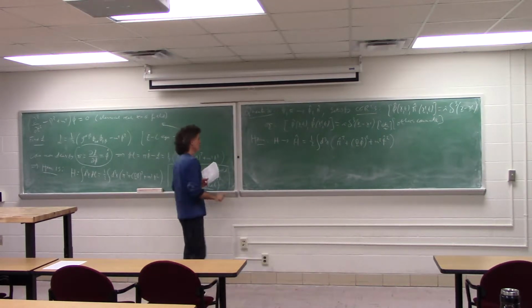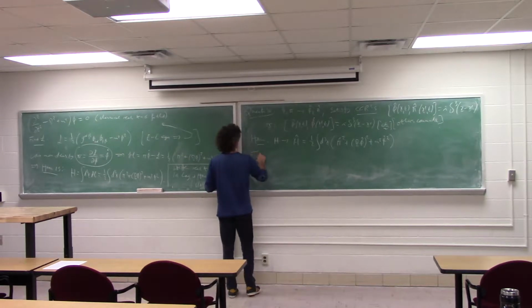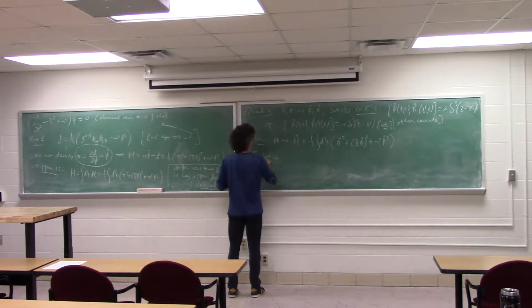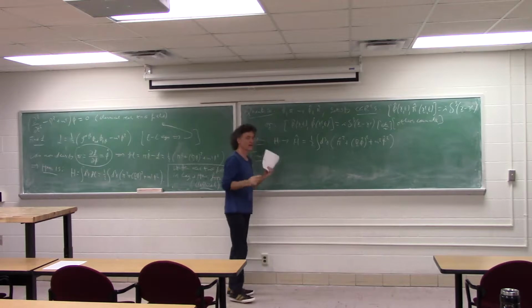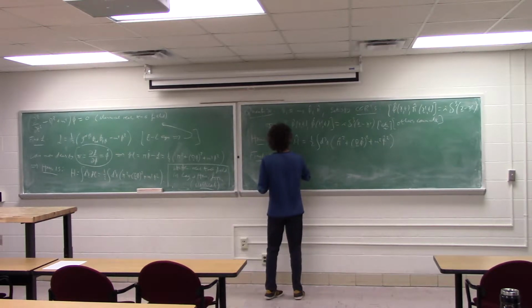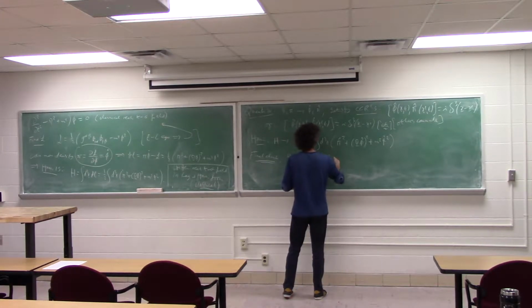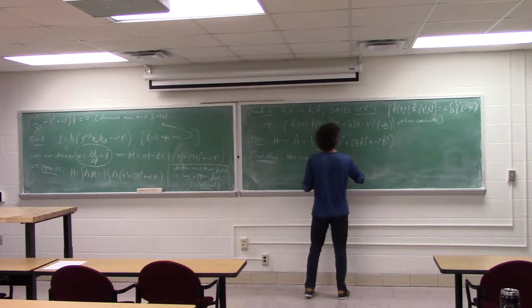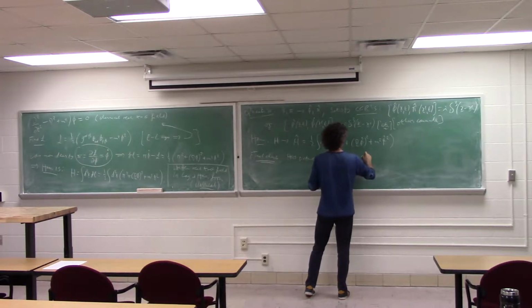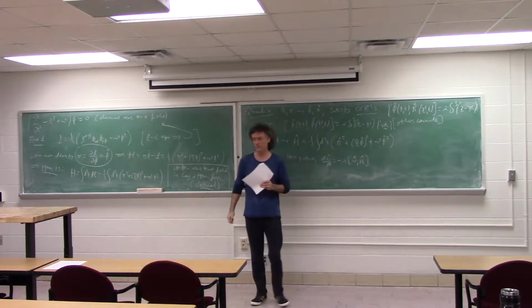And then there's a final check, just to make sure you haven't gone wrong. Remember, we're working in the Heisenberg picture, where the time rate of change of all operators is given by the Heisenberg equation of motion.